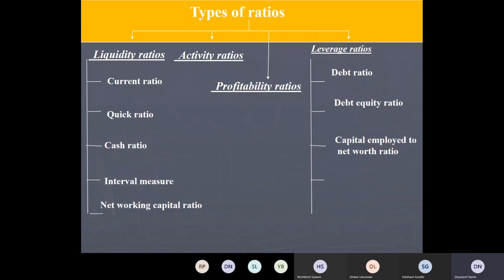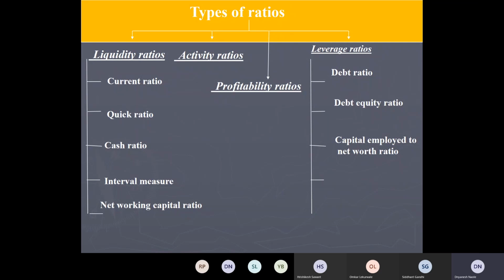Profitability ratio is the overall profitability of the firm, or how efficiently the business is done overall. Leverage ratios help you understand the proportions of debt and equity in financing the firm's assets. Going ahead, we'll now focus separately on each type of ratio.